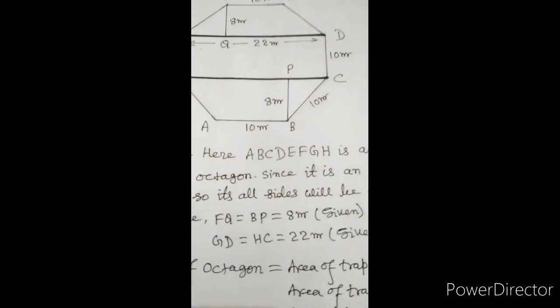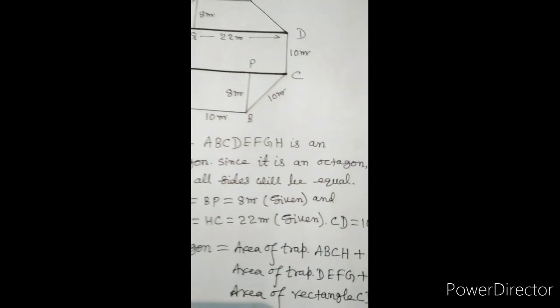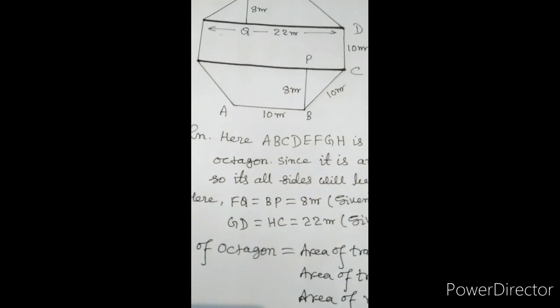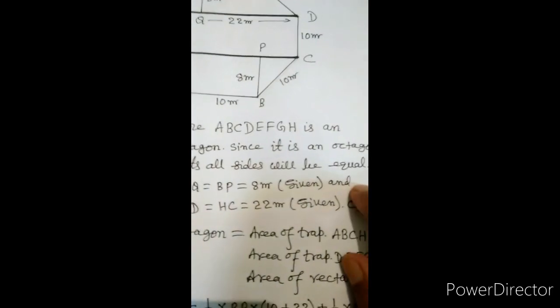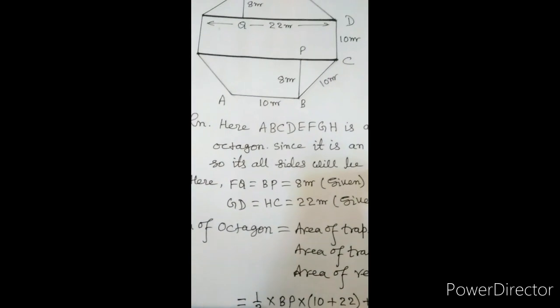Here ABCDEFGH is an octagon. Since it is an octagon, so its all sides will be equal. Here FQ is equal to BP is equal to 8 meter.